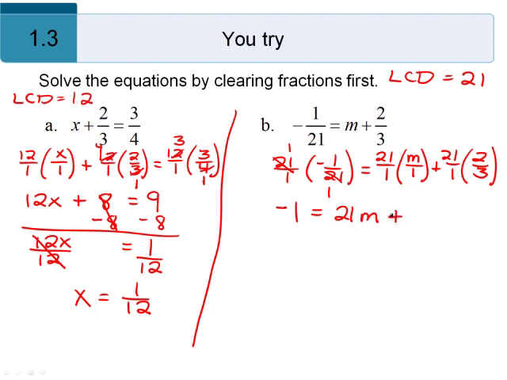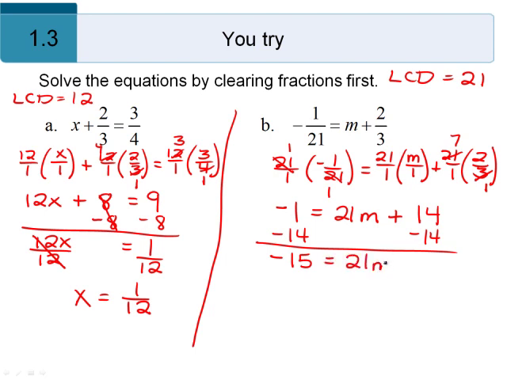Bring down your plus sign. Here we can cancel 3 and 21, which would leave 1 and 7. So 7 times 2 is 14. Now you need to move the 14 because we want to get the 21m by itself. So I'm going to subtract 14 from both sides. That gives me negative 15 because you add and keep the sign, equals 21m.